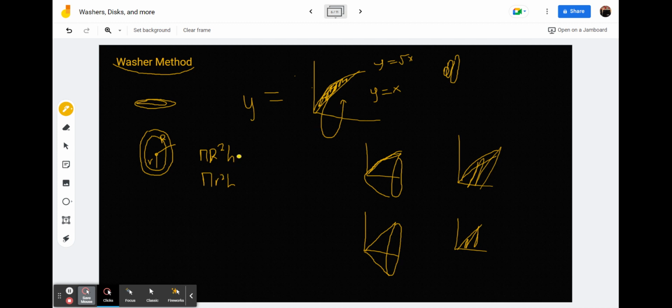So in this case, let's set up the values, right? The bigger R is going to be how far away we are from the x-axis. Well, again, it's y, so it's going to be the square root of x, squared. And our height is going to be the little change in x. Similarly, little r will be x, so pi x squared dx.